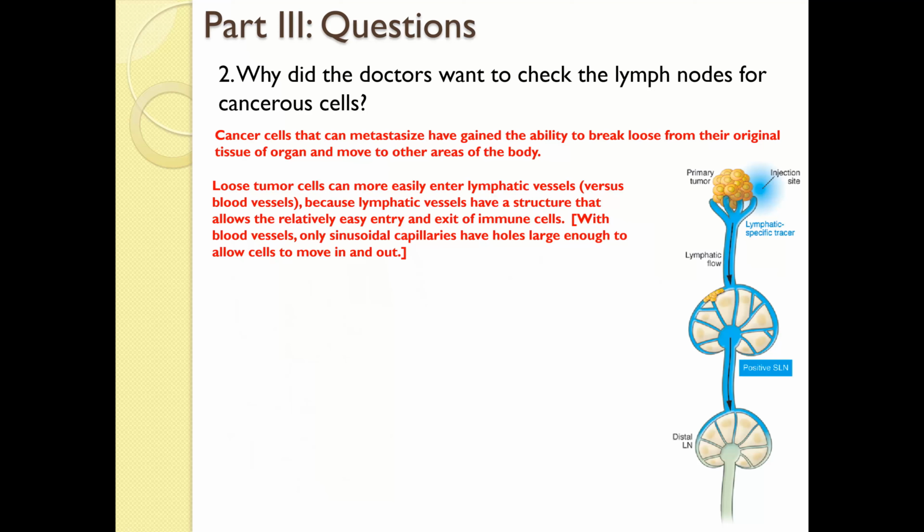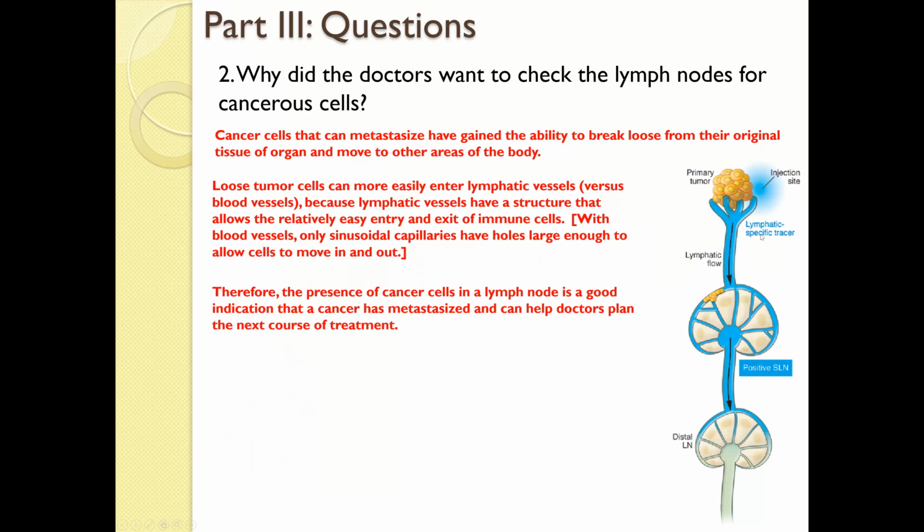Loose tumor cells can more easily enter lymphatic vessels versus blood vessels because remember, lymphatic vessels have a structure that allows the relatively easy entry and exit of immune cells because B cells and T cells are constantly going in and out of the lymphatic system. With blood vessels, only sinusoidal capillaries have holes large enough to allow cells to move in and out, and sinusoidal capillaries are only found in places like the spleen and the liver.